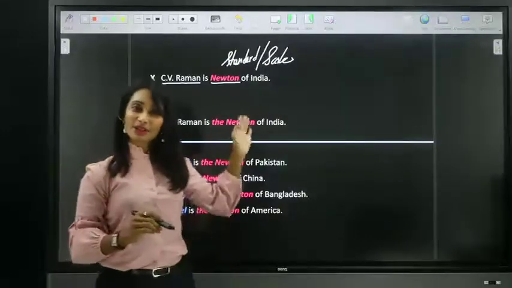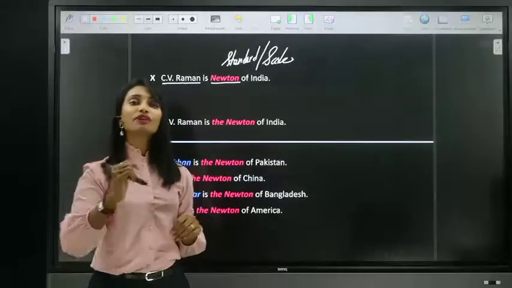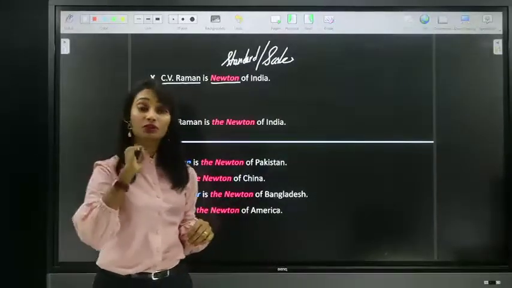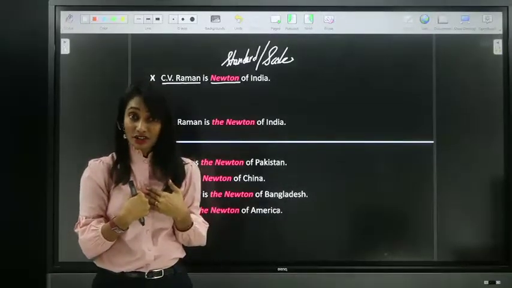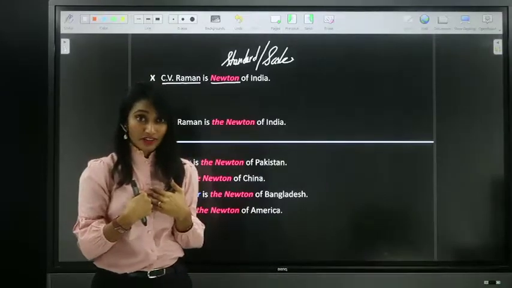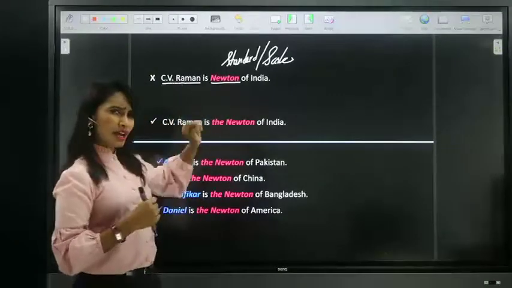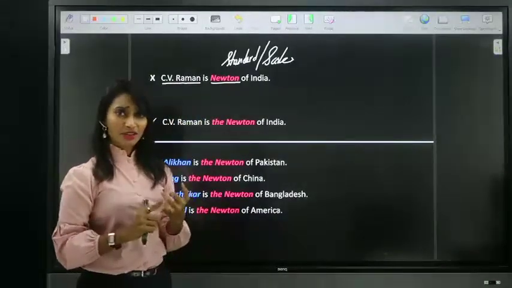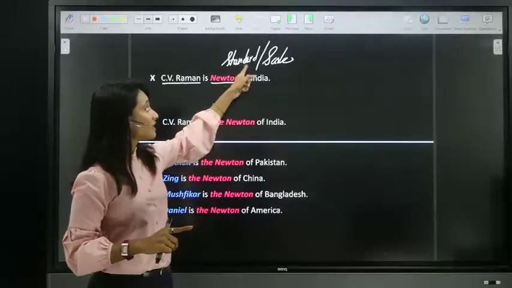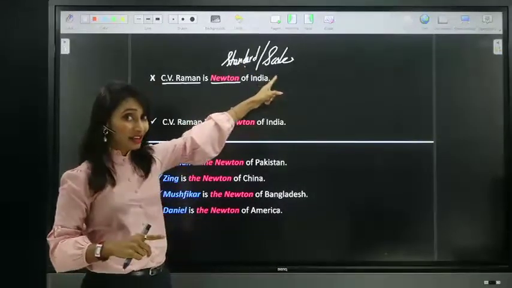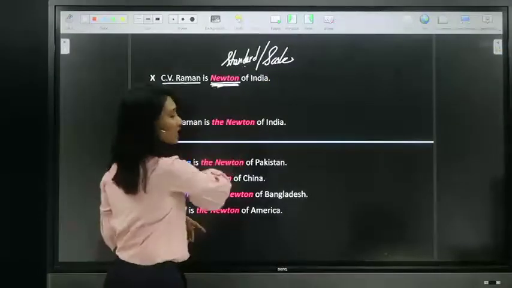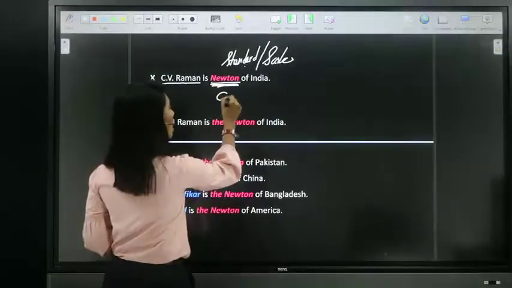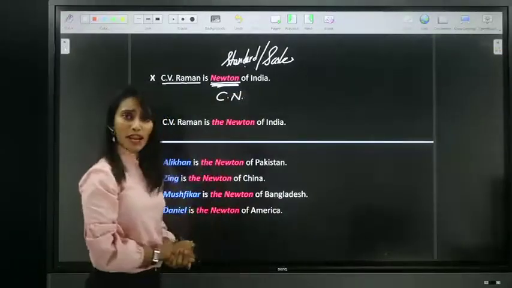So the sense of the sentence is however Newton is, like that our C.V. Raman is for us in India. You know the Raman effect. Both are proper nouns, C.V. Raman and Newton. But Newton, I'm taking as a standard, as a scale of measurement. That means I want this Newton as a common noun instead of a proper noun.